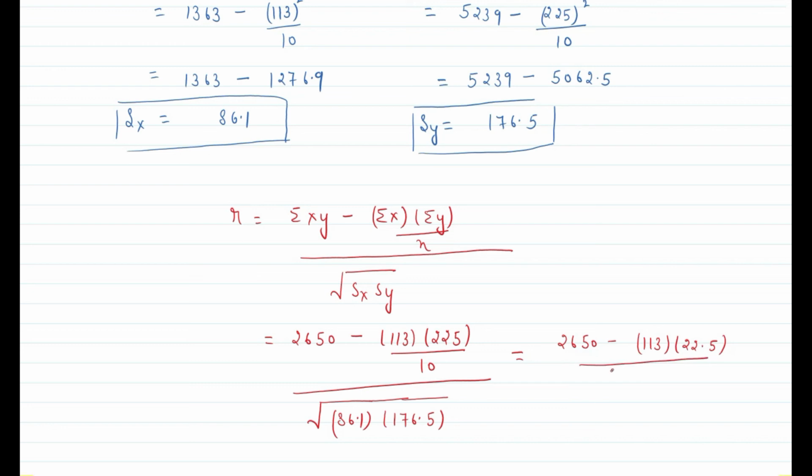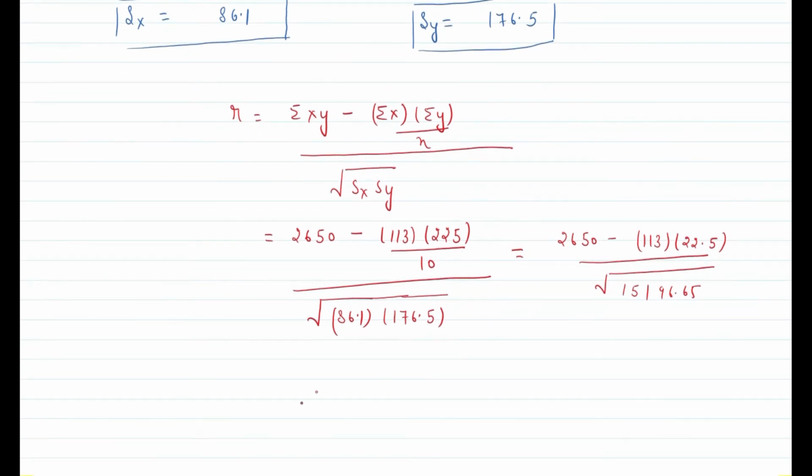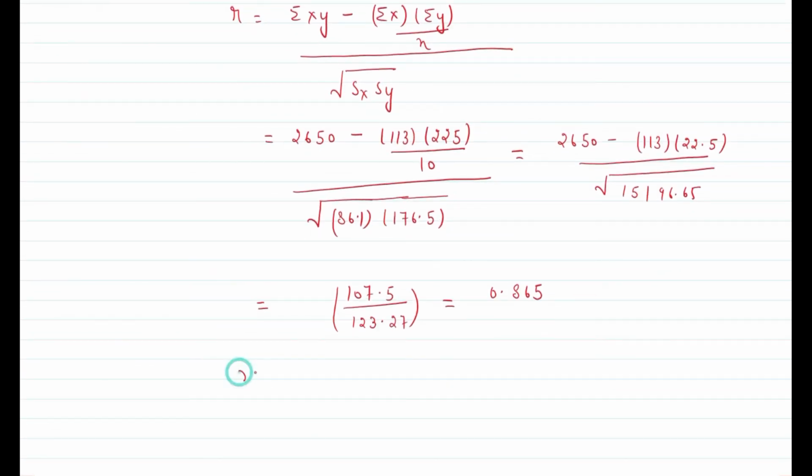And multiplying 86.1 by 176.5 we got 15196.65, which gives 107.5 upon 123.27, and which comes out to be 0.865. So R is equal to 0.865.